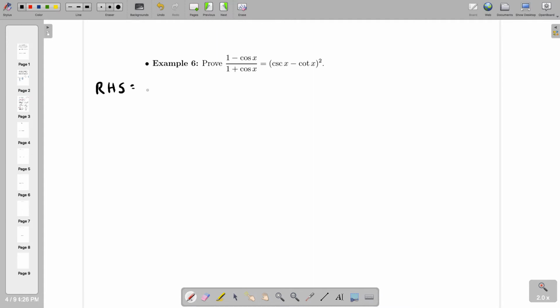And so as I'm starting with the right-hand side, I'm realizing that when I'm going to square the cosecant minus cotangent, I'm going to have to FOIL it out. So this will be cosecant x minus the cotangent of x times itself.